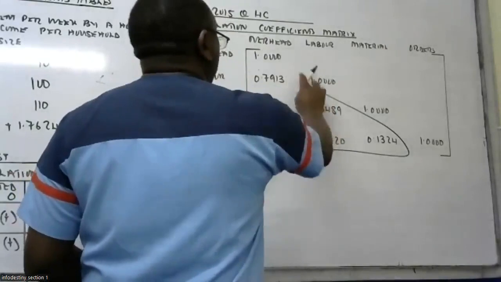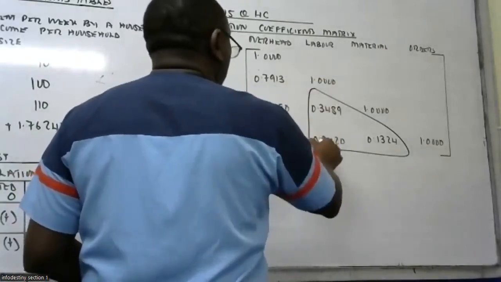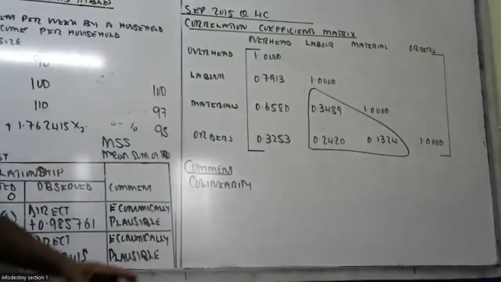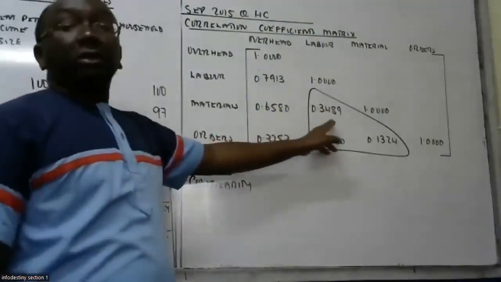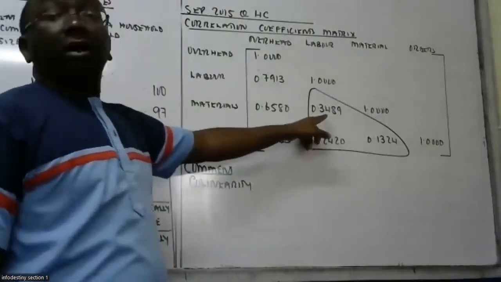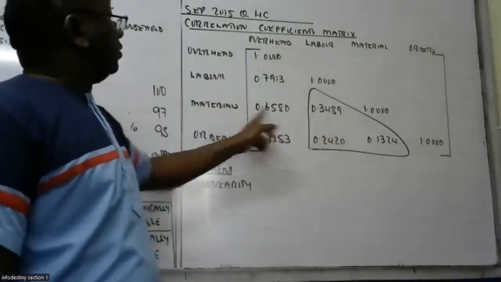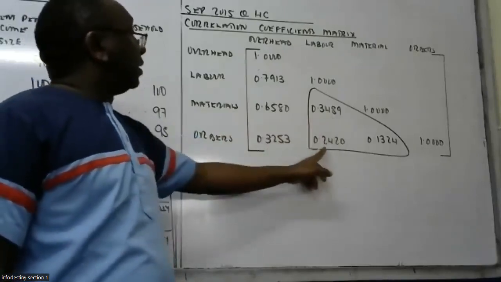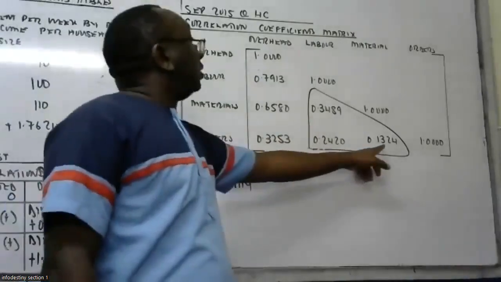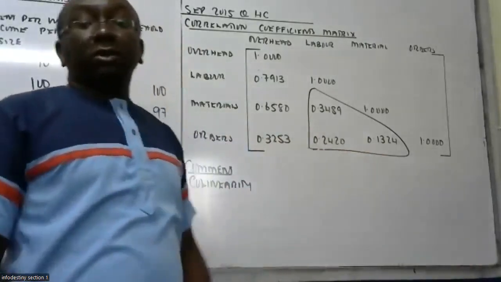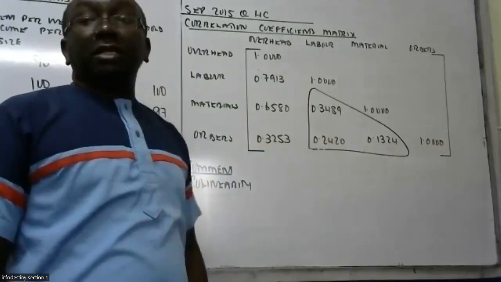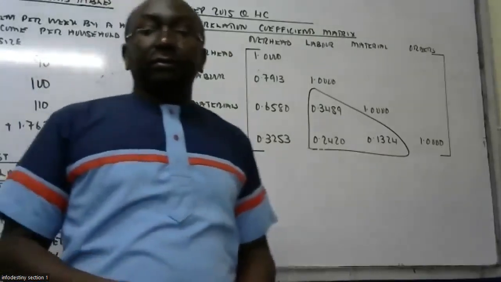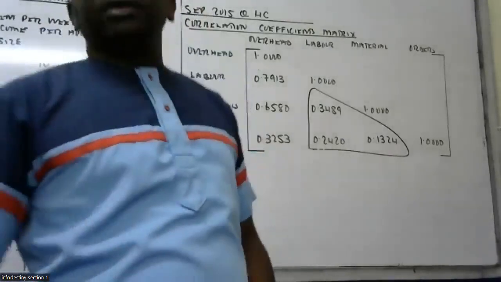These three, that is the focus. Now this is the correlation between material and labor. This is the correlation between orders and labor. And this is the correlation between material and orders. You see, none of them is close to 0.8. So that means they are not influencing each other. That is how it is interpreted.